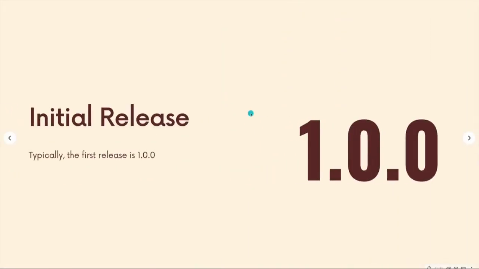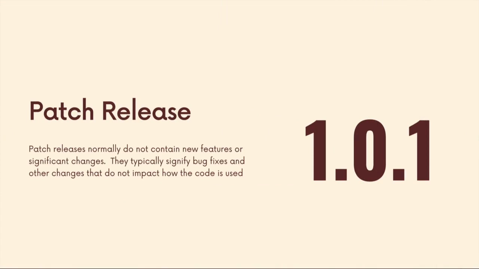Then, once you have that initial release out, small changes, patch releases, are going to be indicated here on the far right. Patches do not contain new features or significant changes, definitely no breaking changes, often just bug fixes and minor changes that don't impact how people use the code or the piece of software.